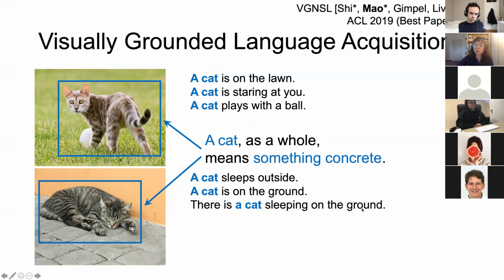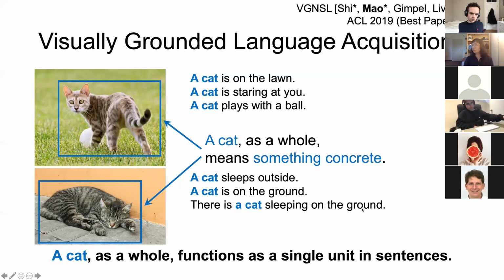It is worth noting that such a hypothesis, that the cat as a whole means something concrete, actually matches with the hypothesis that linguistics has made for text constituents, which states that a cat as a whole functions as a single unit in a sentence. So we can verify such a linguistic hypothesis by seeing more and more sentences.